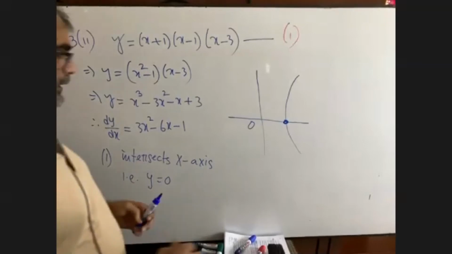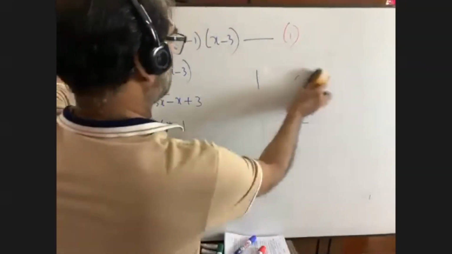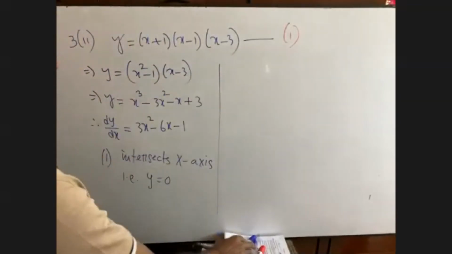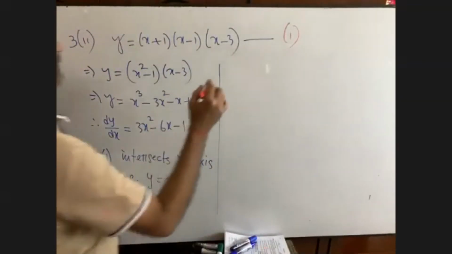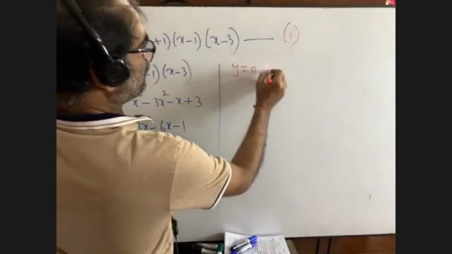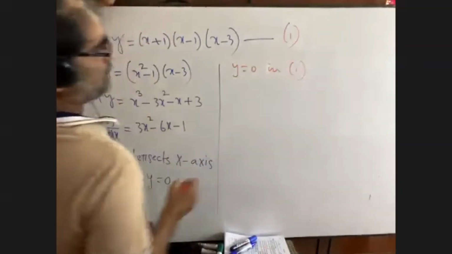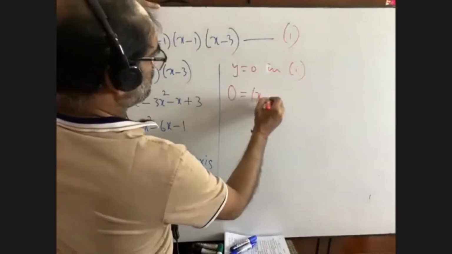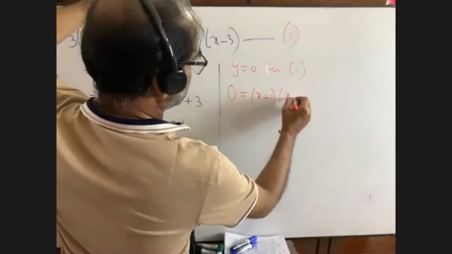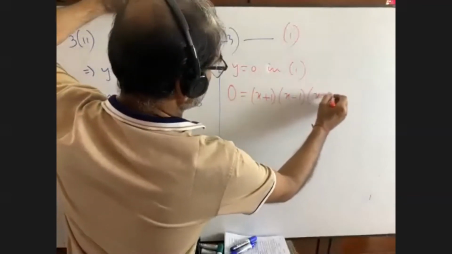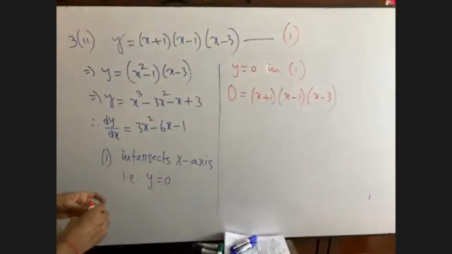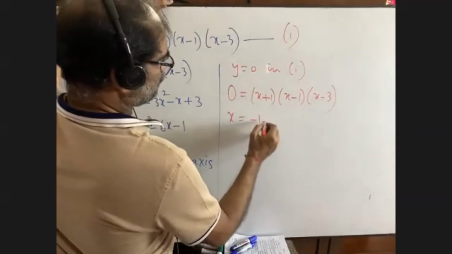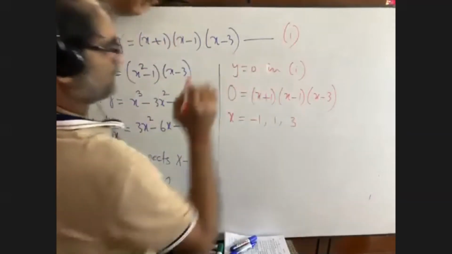So if we put y equals 0 in equation 1, then what we will get? Putting y equals 0 in 1, we get 0 equals (x plus 1)(x minus 1)(x minus 3), right? That means we are getting x equals minus 1, 1 and 3, right?